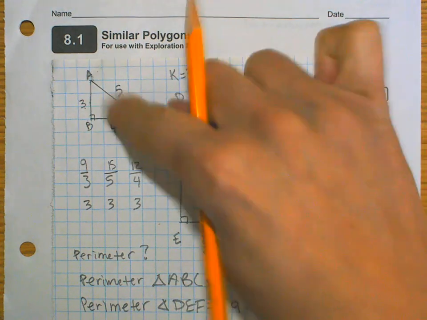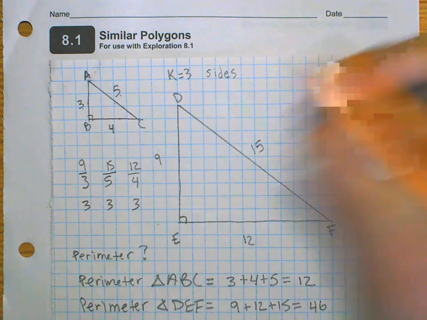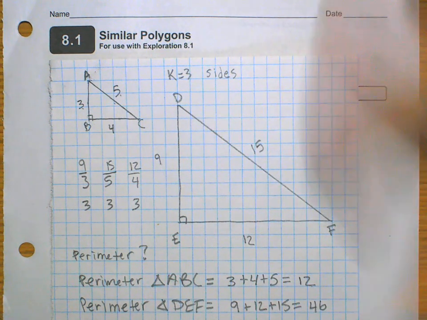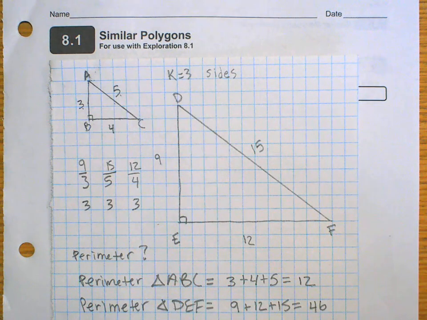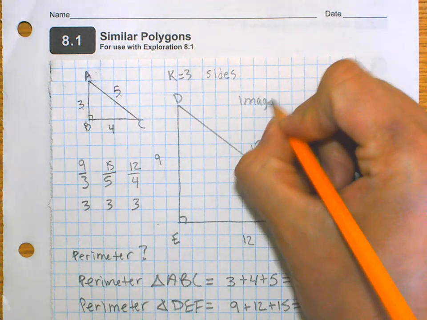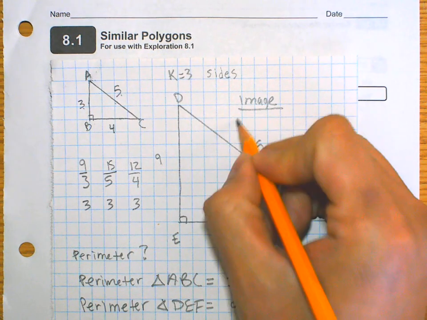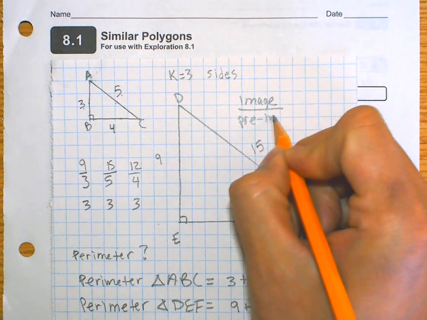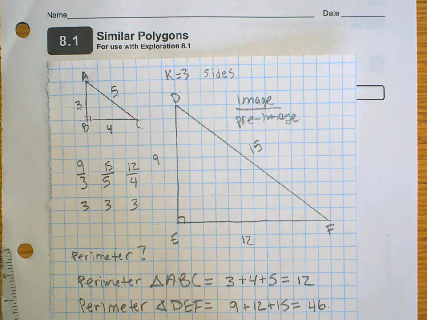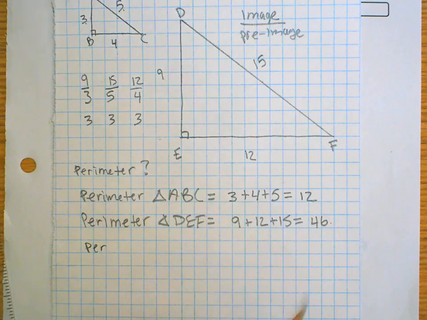Now over here, when we were looking for the scale factor of the sides, we did the side from here to here. Okay, so basically from the image to the pre-image. We're going to do the same thing here. So I'm going to find the ratio of the perimeter. I'm going to just call it PER for that triangle.